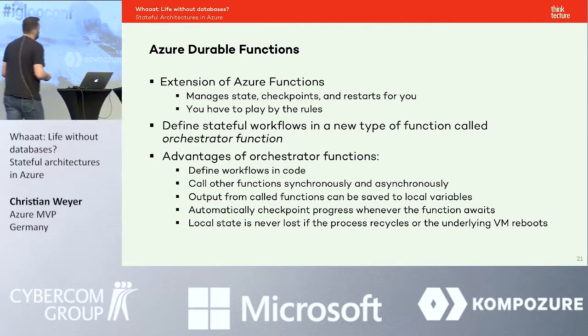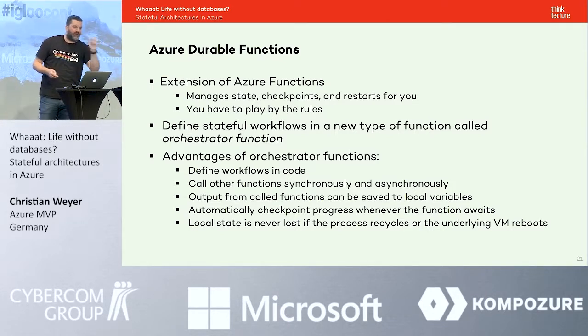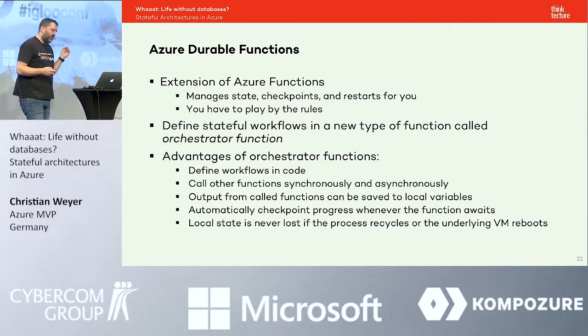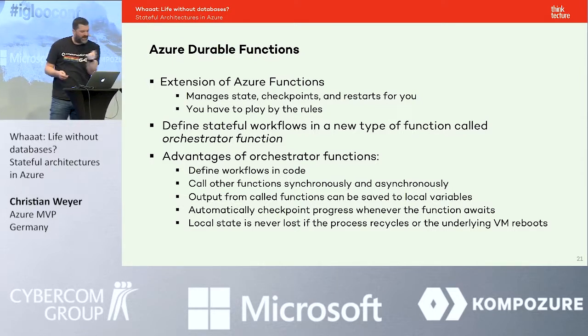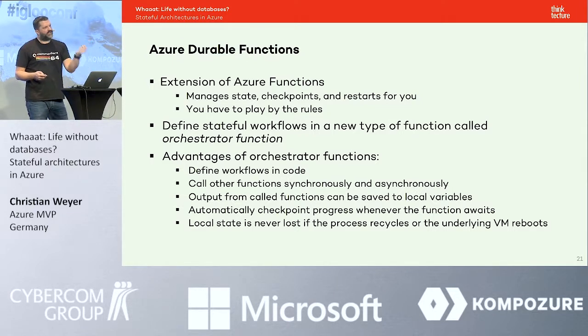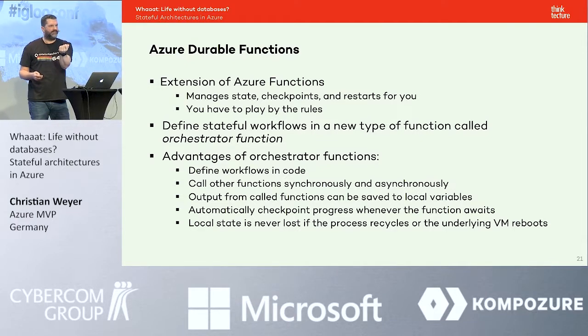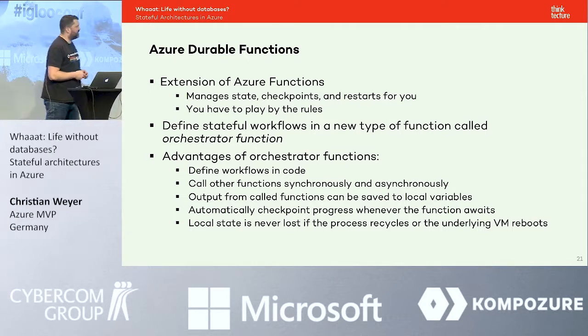The orchestrator also allows checkpointing. So that means wherever you use async and await, whenever you use await, the runtime is automatically checkpointing the progress. The local state is never lost because it's being persisted.